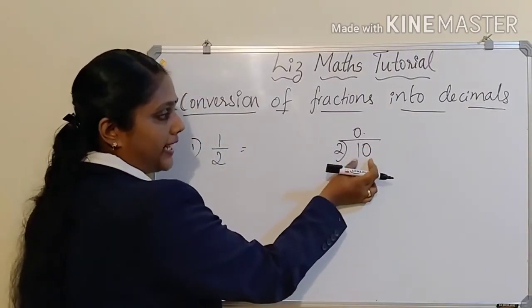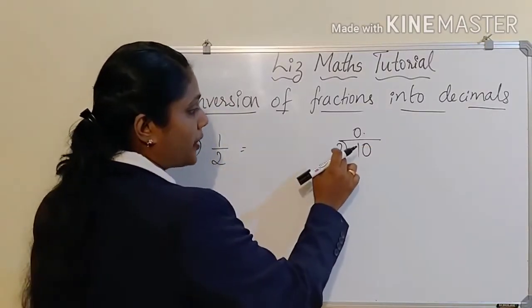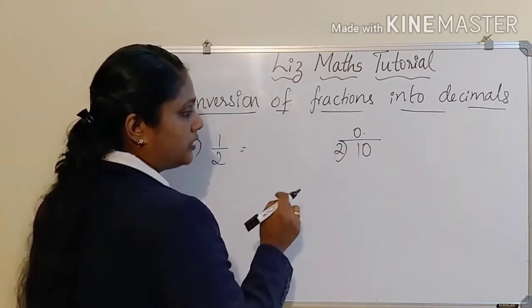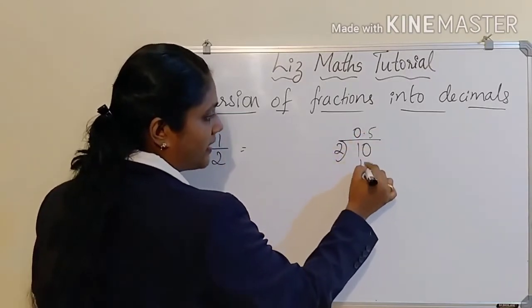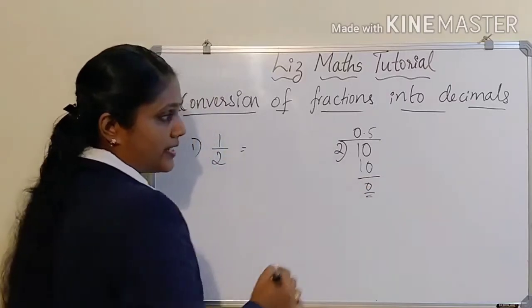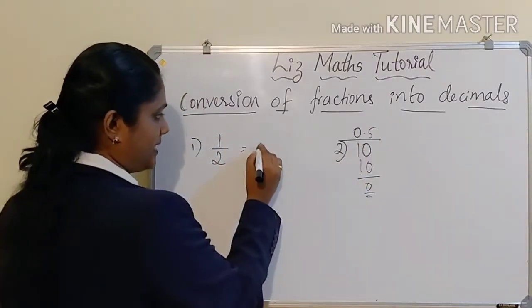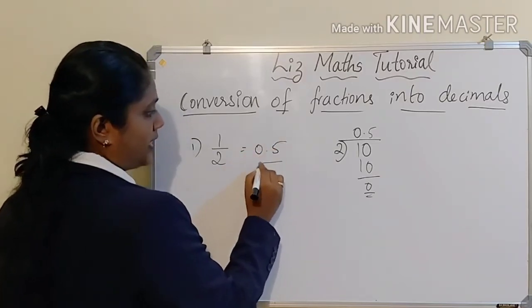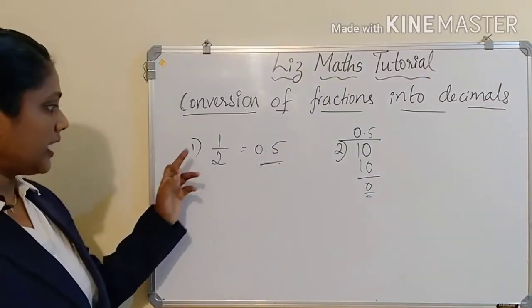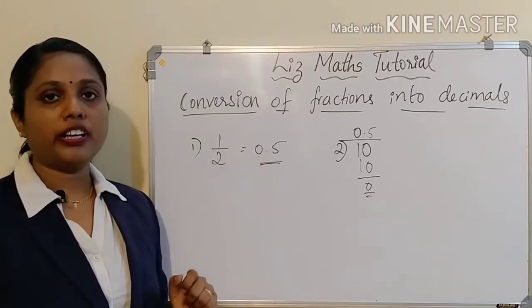Now it's called 10. Am I right? So you can divide by 2. 2 5s are 10. So the remainder is 0 here. So what is the answer you got? It is 0.5. Half is nothing but 0.5.